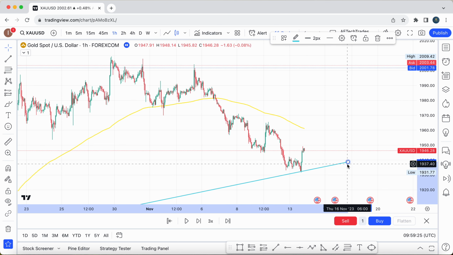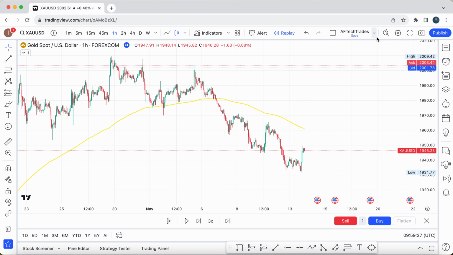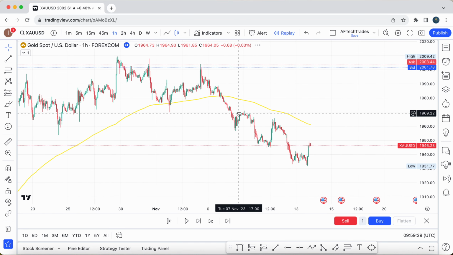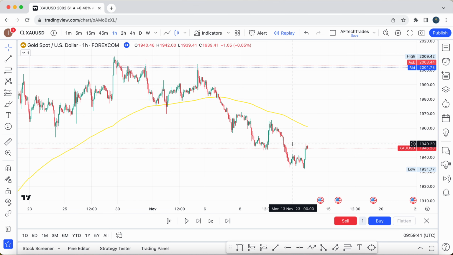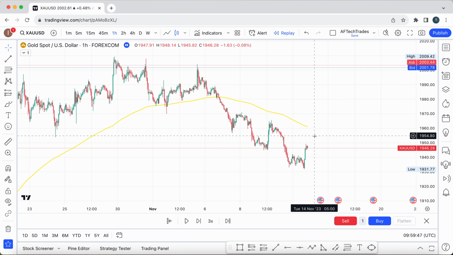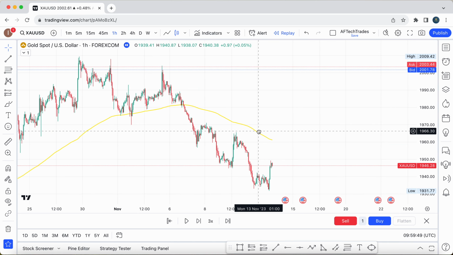Okay, on the 1-hour time frame, you can see that the market broke through your 200 EMA. You can see that the market broke through your 200 EMA, right? So now we want to look for an entry point. We need to look for an entry point.